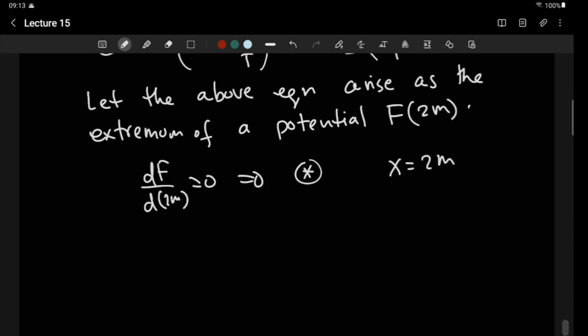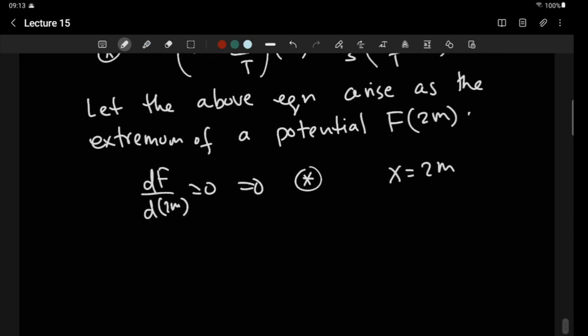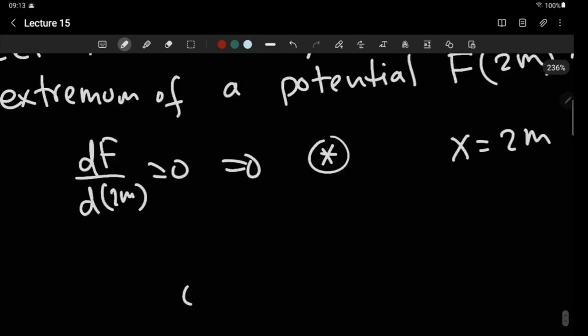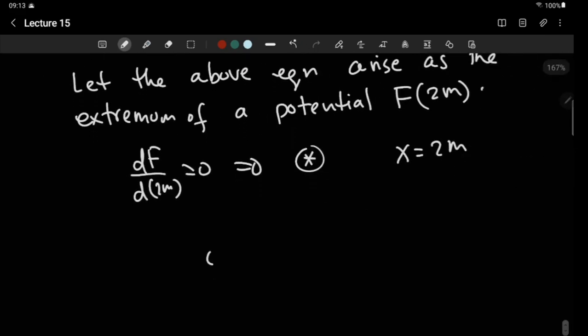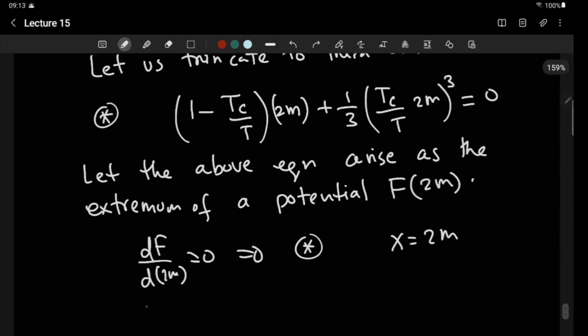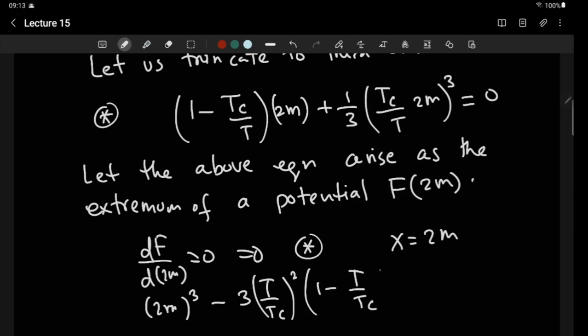I'll rewrite this equation as 2m whole cubed plus 3 into Tc by T whole square, so it becomes T by Tc whole square into, close to Tc in some sense.